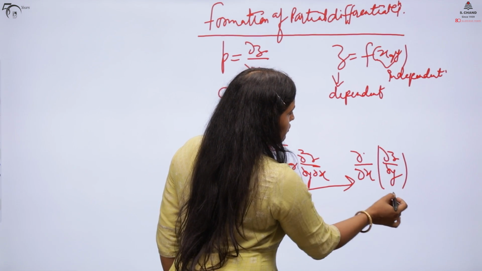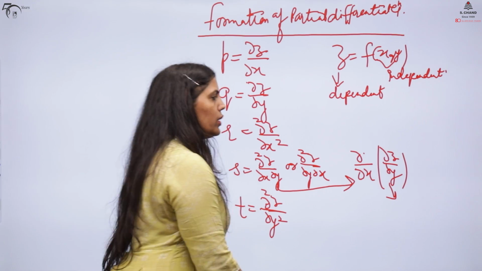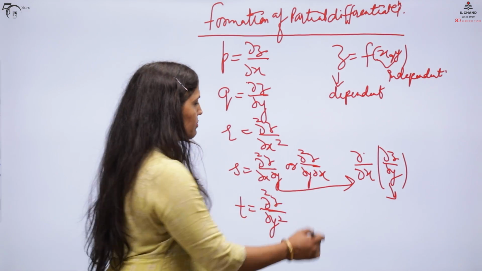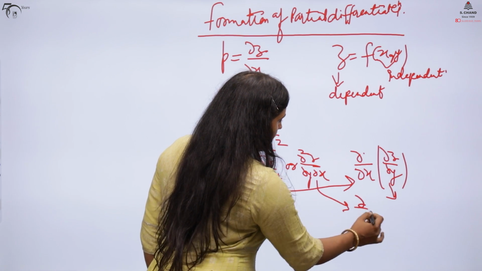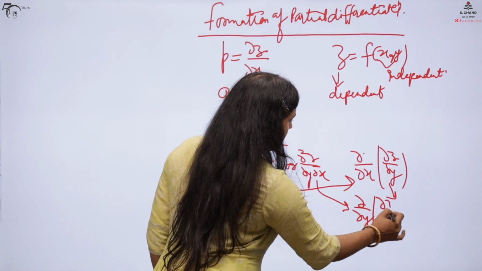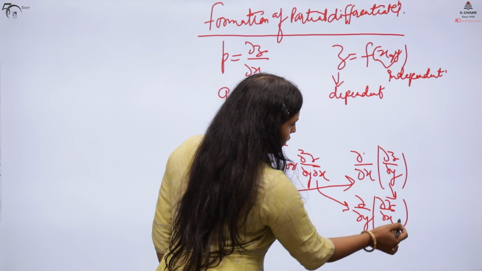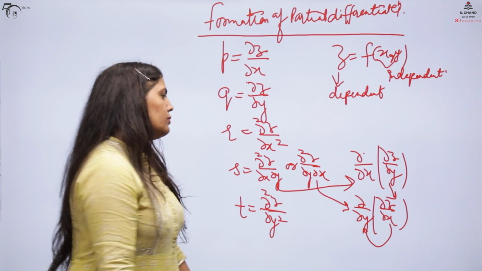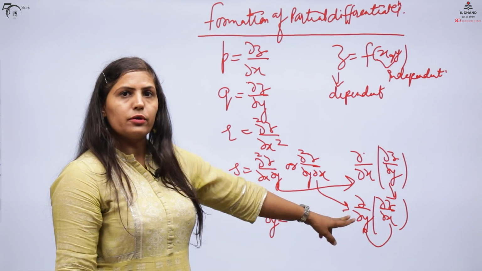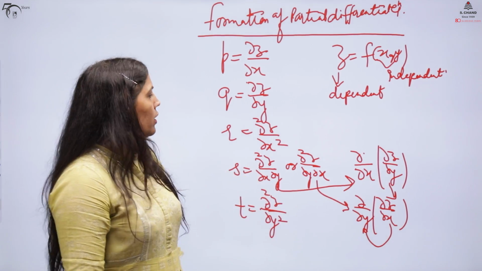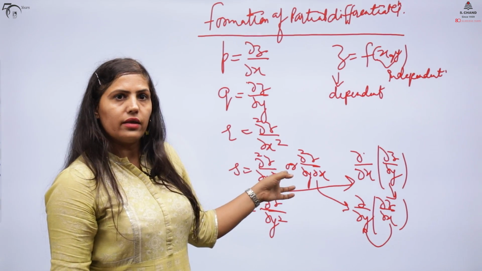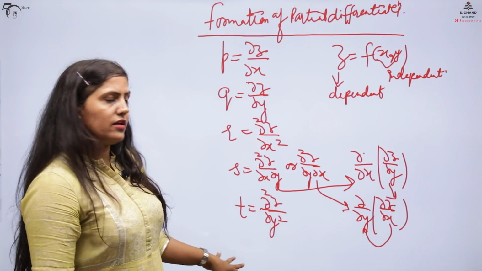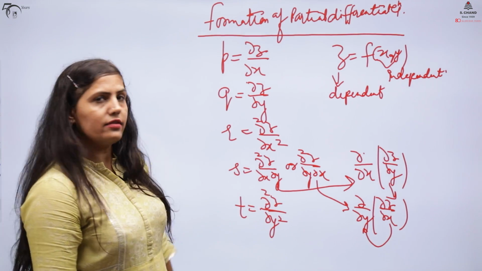It means first you differentiate with respect to y and then you differentiate with respect to x. Same way this derivative means this. So, it is clear that first you will be differentiating with respect to x and then with respect to y. This is how you read these two partial derivatives, and I have given notation as s. So, these are the standard notations p, q, r, s, t.